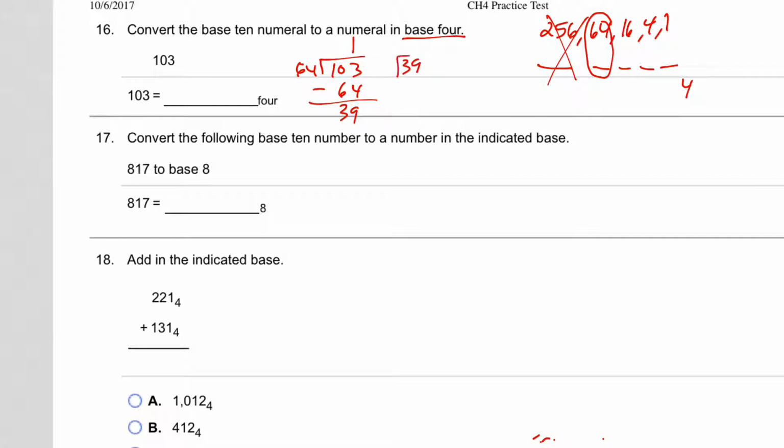What about our next place value? 16. 16 goes into 39 twice. That's 32. Remainder of 7. What about our next place value? 4. 4 goes in 1 time. Remainder of 3. And then our last place value is 1.